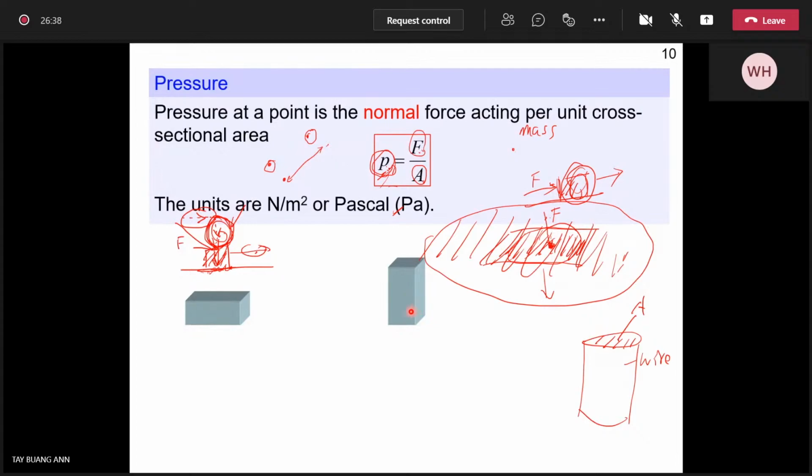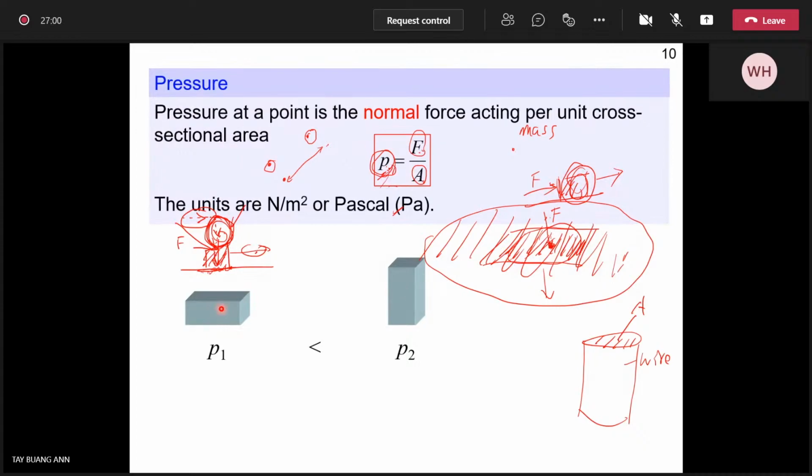But when you orient them differently, this one has a larger area in contact with the ground, this one a smaller area. Then you find that the weight, when distributed over this area, produces a different effect. And here, the effect is larger. That's why the pressure is much larger than P1. And the pressure exerted by this orientation is larger than this orientation.